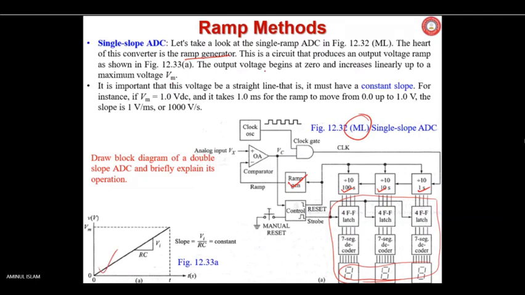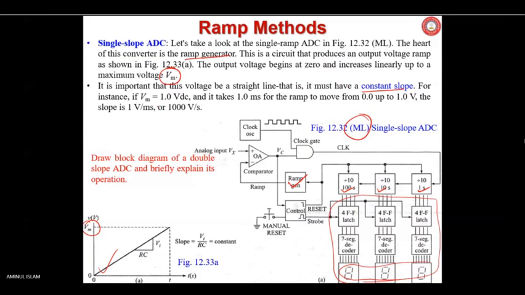The output voltage begins at 0 and increases linearly up to a maximum of Vm. It is important that this voltage be a straight line, that is, it must have a constant slope. That is also what we discussed in the last slides.